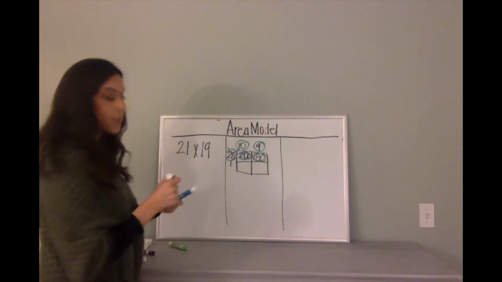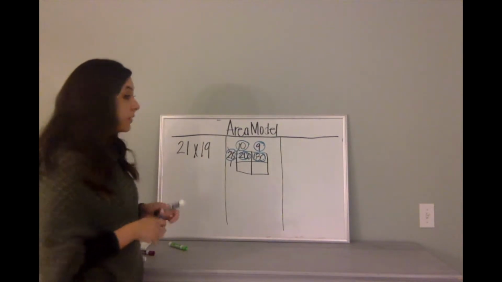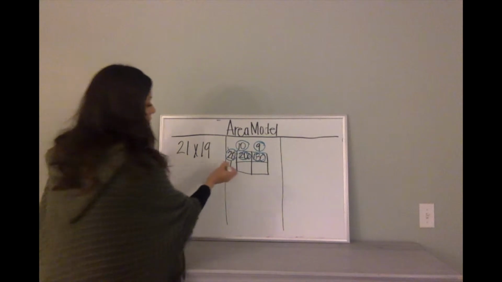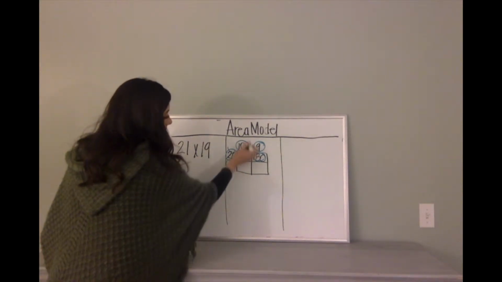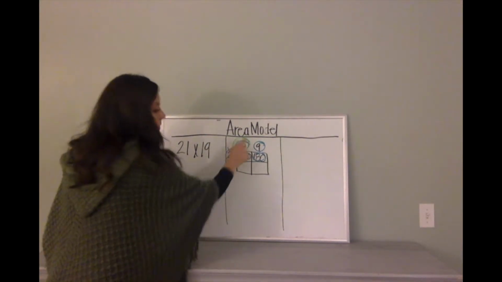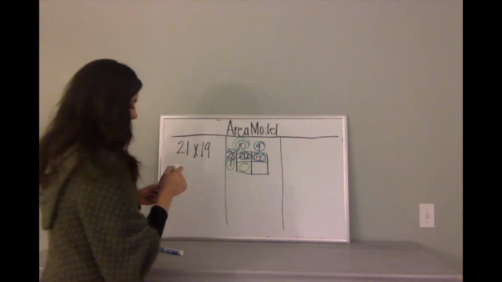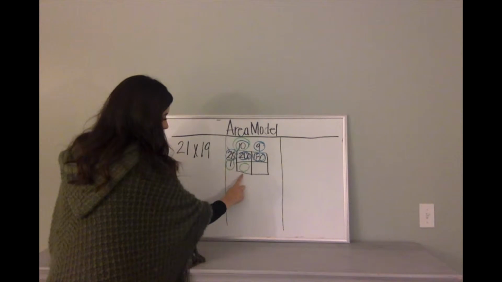And now I'm going to focus on the 1. I'm going to use a different color so it can be a visual for you. So 1 times this 10, remember we always want to multiply the top numbers, will give me this number directly below. So you see, I'm directly putting it below.